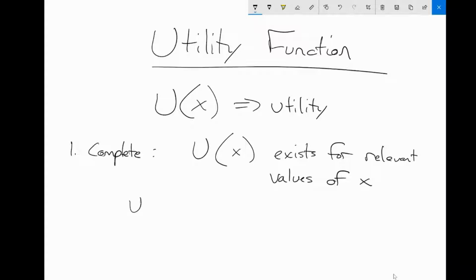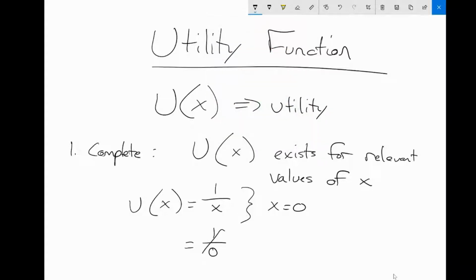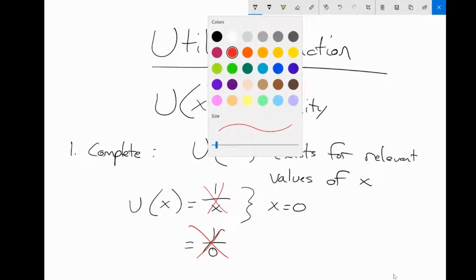If I tried to have a utility function that was 1 over x, then this would not exist if x equals 0. If x equals 0, it would be 1 divided by 0, and this is not defined. That means the function wouldn't exist. So this 1 over x does not work as a utility function because it's not defined.